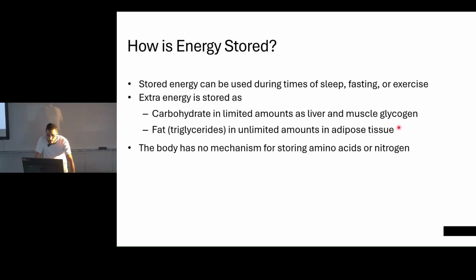Carbohydrates can be turned into glycogen, which is the store of sugar in your liver and muscle cells. But amino acids and nitrogen don't have any. So this is why they get excreted more often. Okay? And the stored energy is going to be used at times when you're not eating or when you're consuming too much energy. That means during sleep, fasting, or during exercise. Okay?